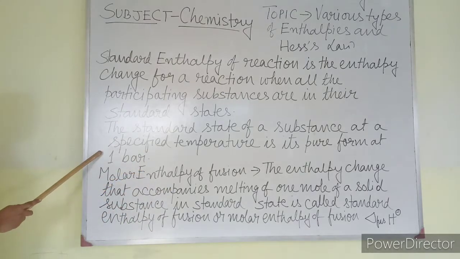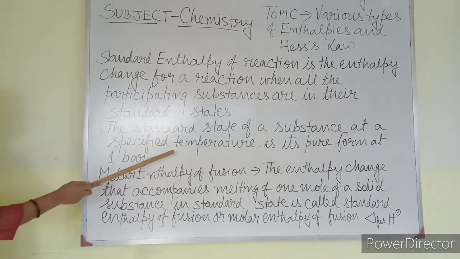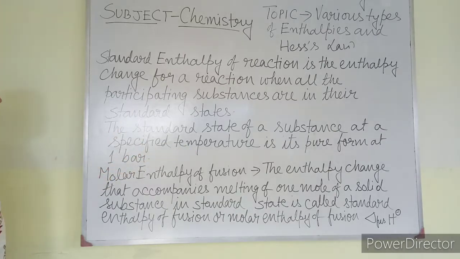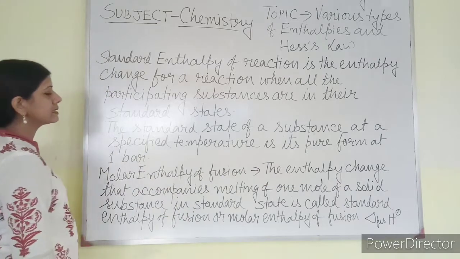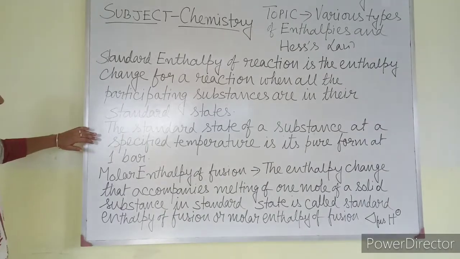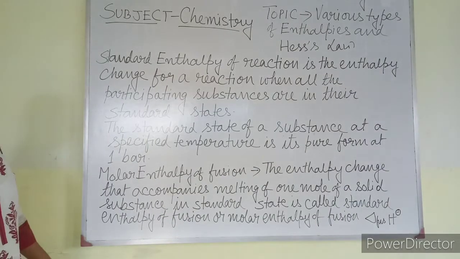So pressure is constant, 1 bar. Temperature is a particular specified temperature, and the substance which is reacting is in the pure form. That is called standard state of a substance.